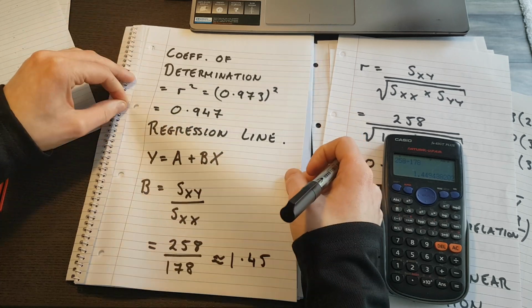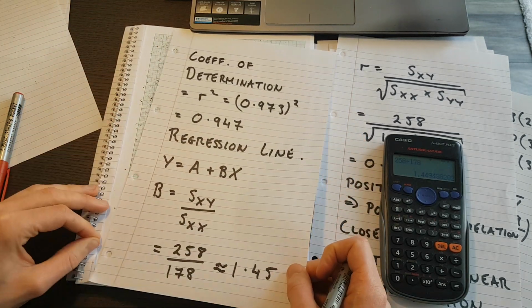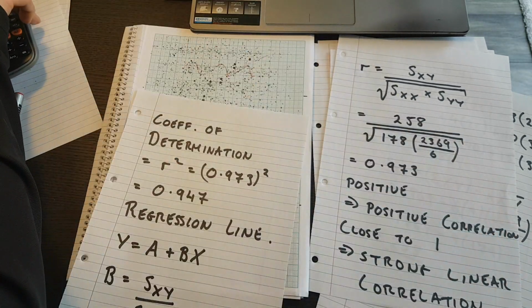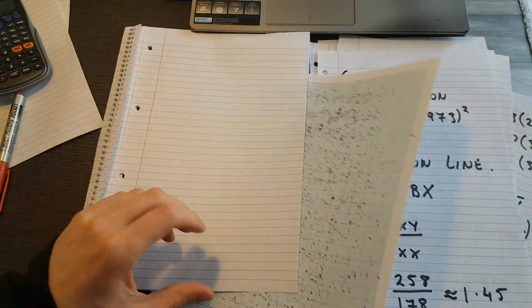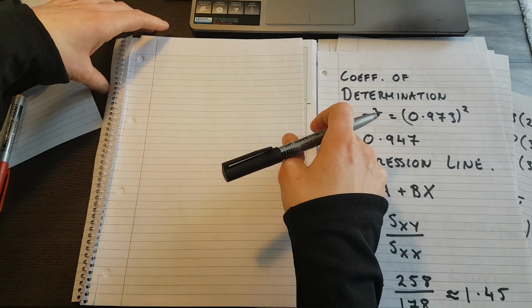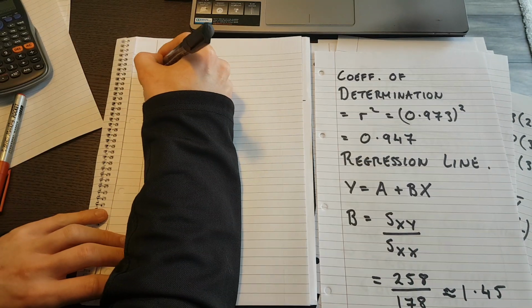And then we get our A in a slightly different manner. The formula for A is as follows.